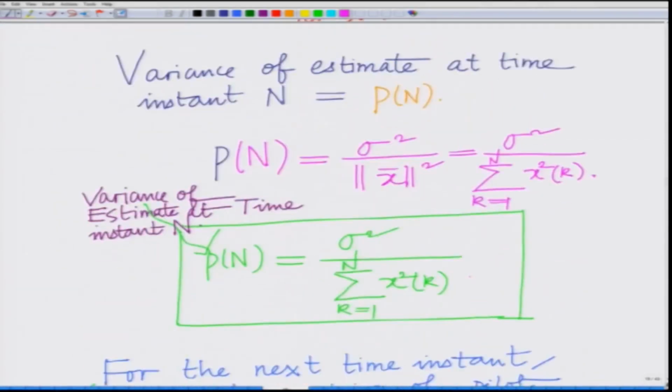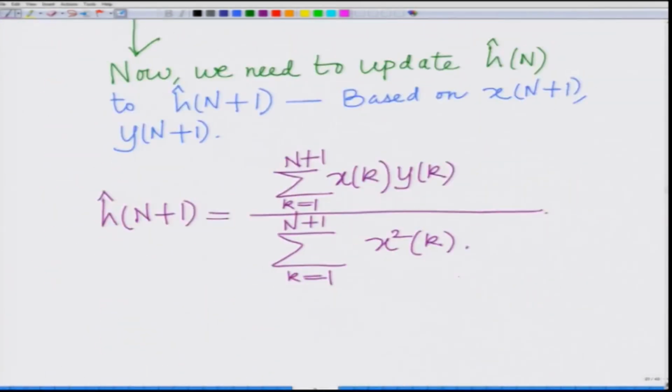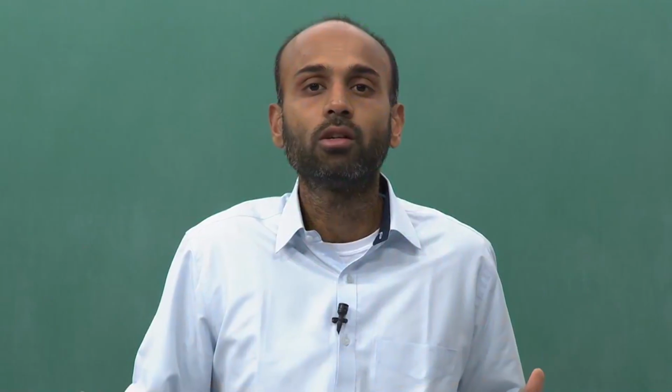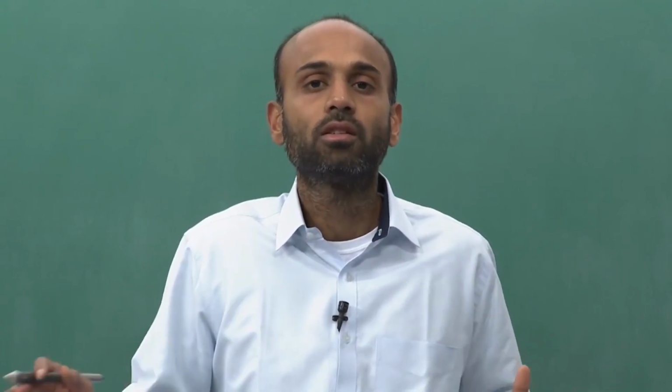All we are doing at time instant n plus 1 is changing the limit on the summation to n plus 1, that is, we are now including n plus 1 transmitted pilot symbols and n plus 1 received output symbols.